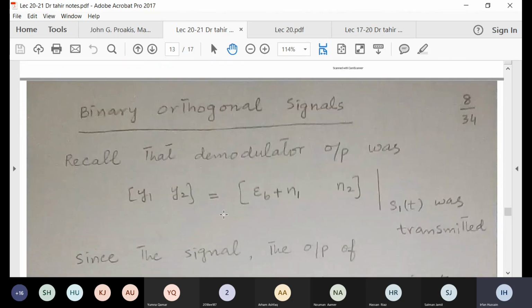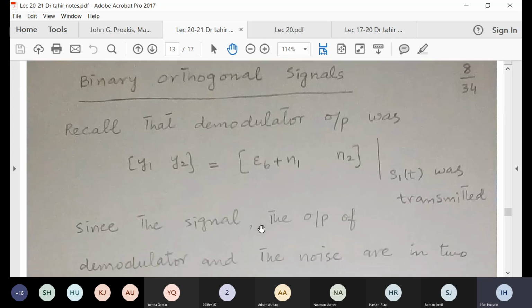What will be for binary orthogonal signals? For binary orthogonal signals, we have already seen that you have this type of form, where you multiply with psi1, and here you multiply with psi2, assuming that psi1 was sent, or s1 was sent, or a scalar multiplier of psi1 was sent.